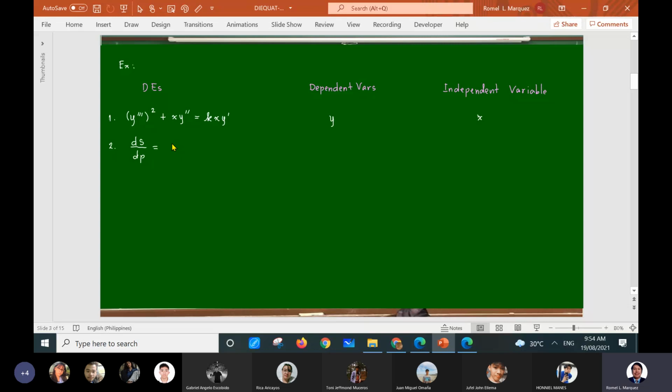And that is equal to, let's say, 4/3 RQ multiplied by Q times the derivative of R with respect to P plus R derivative of Q with respect to P.